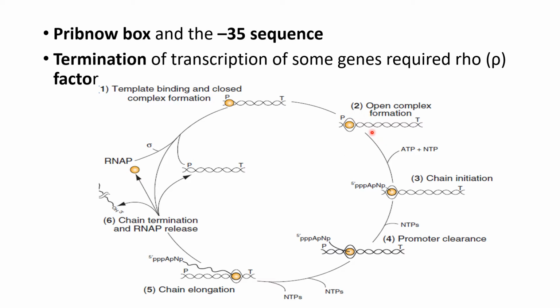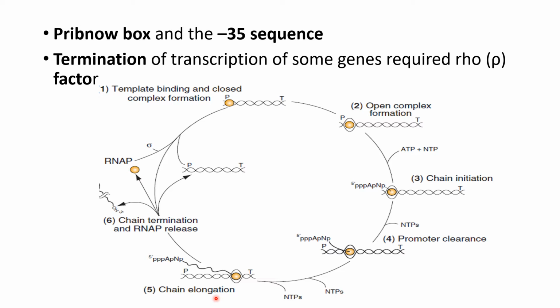Open complex means there is an unwinding of the two strands. Now, by the utilization of nucleotide triphosphates and ATP, it initiates chain synthesis. When about 10 nucleotides of RNA are synthesized, it clears the promoter and enters into chain elongation.